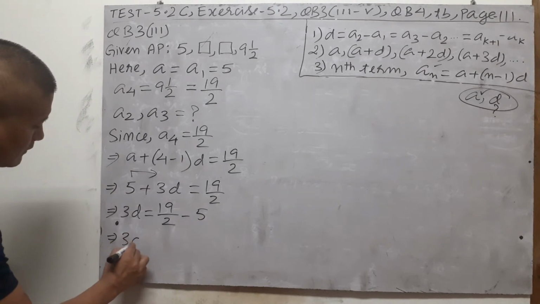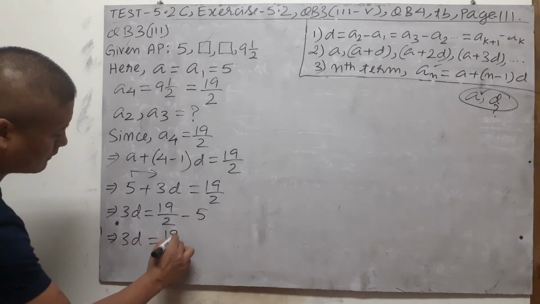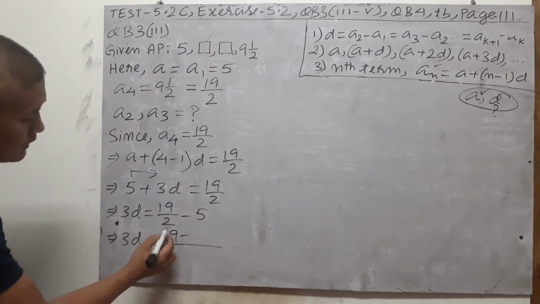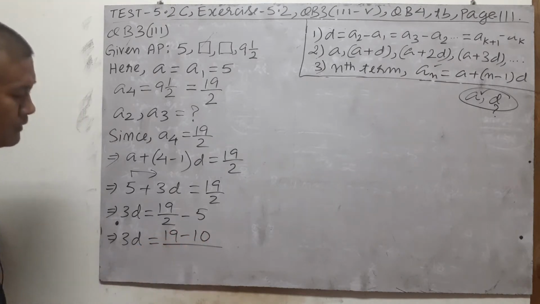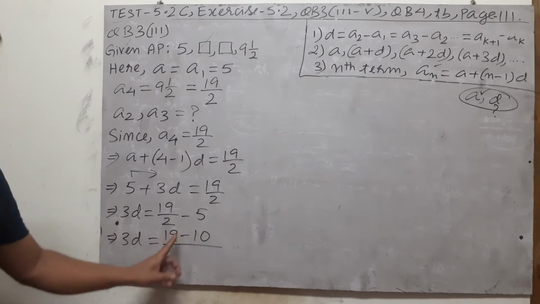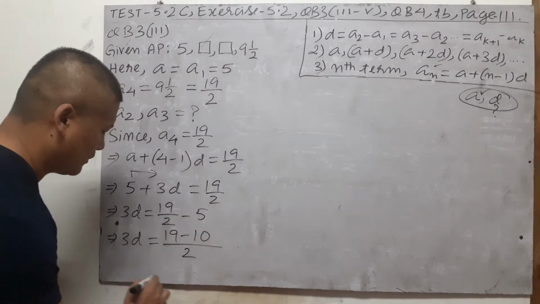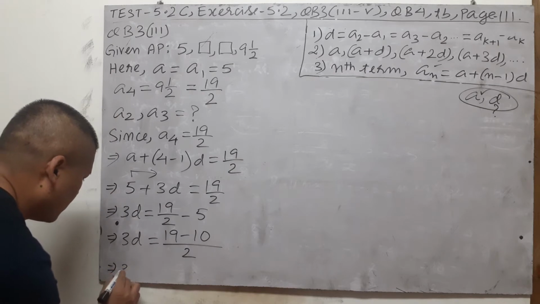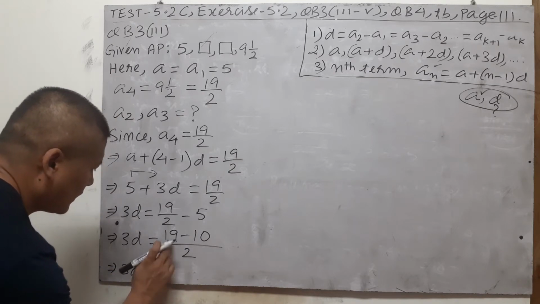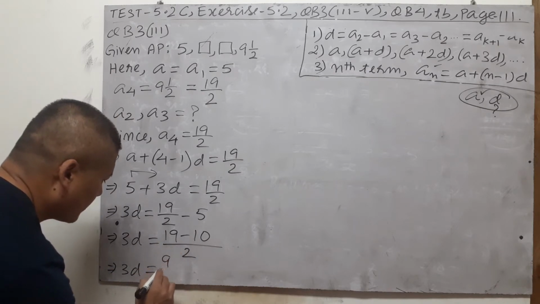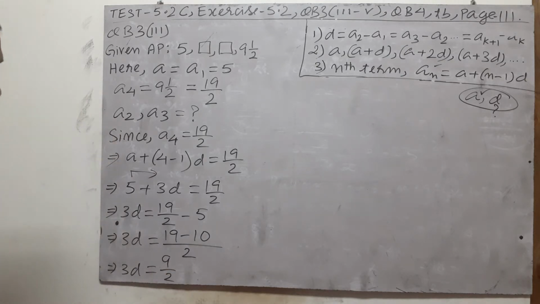So 3D will be 19 minus, longer line, 2 5s are 10, divided by LCM 2. So 3D will be 19 minus 10, which is 9 divided by 2.